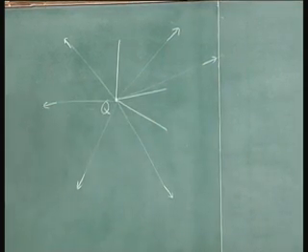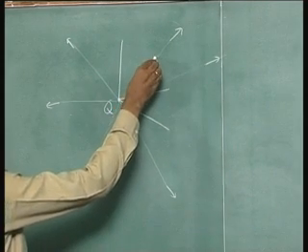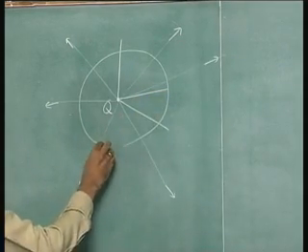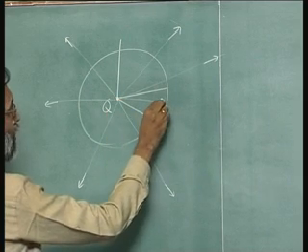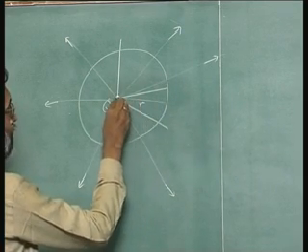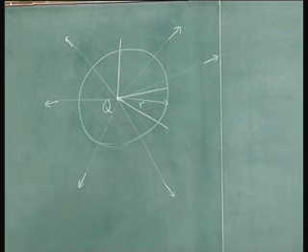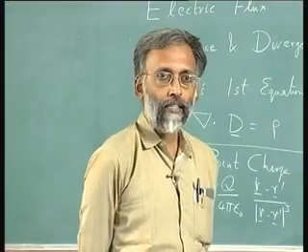Now supposing I draw a sphere around this origin. And let the sphere have a radius r. So it is a sphere of uniform radius r, and I want to calculate how much electric field is leaving this sphere.